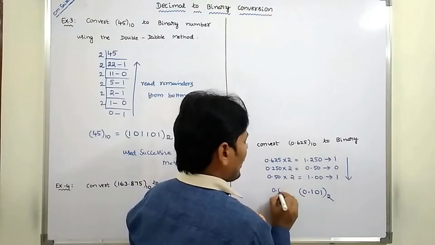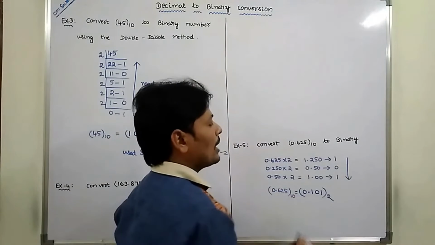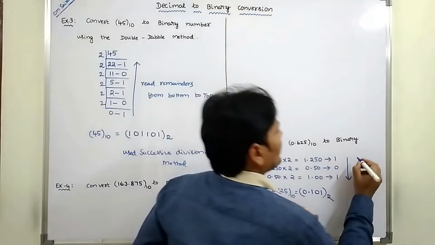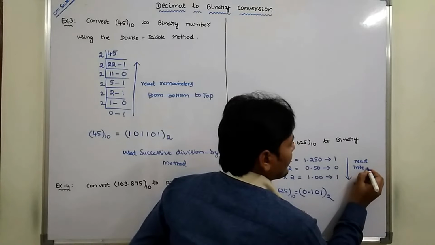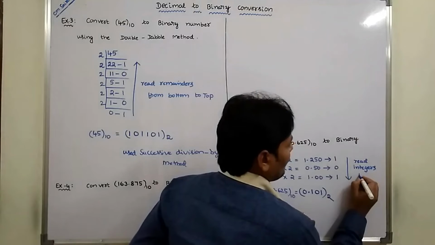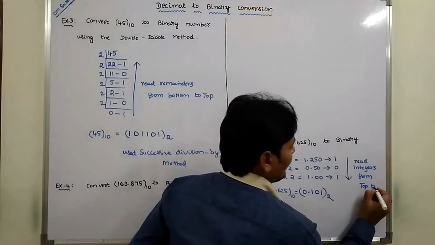Here 0.625 base 10 is equal to 0.101 base 2. So read the integers from top to bottom.